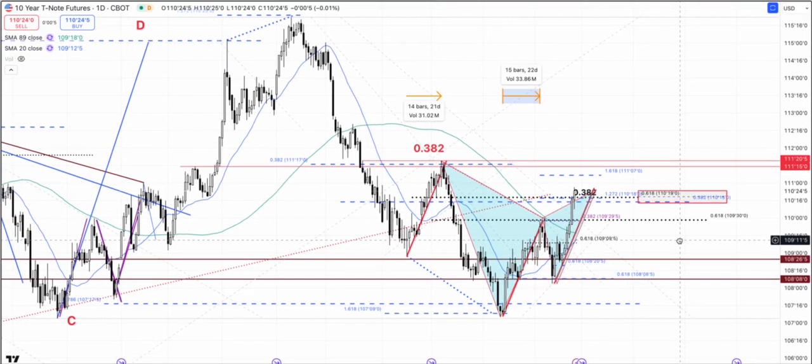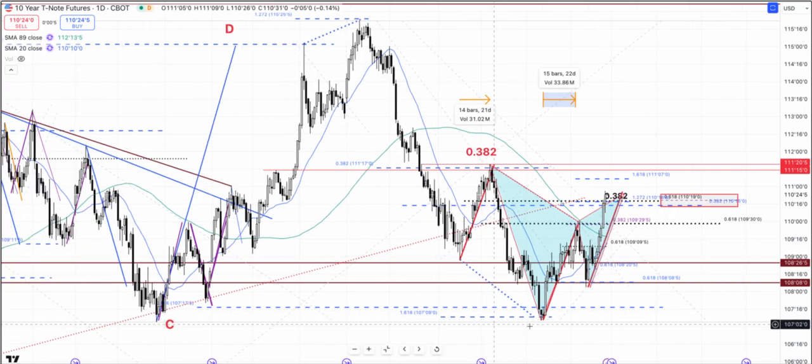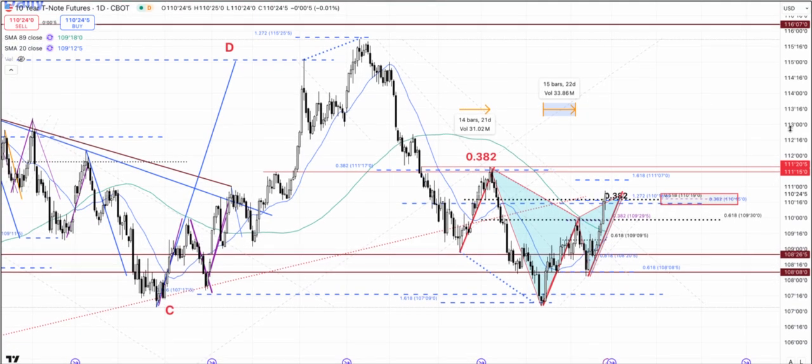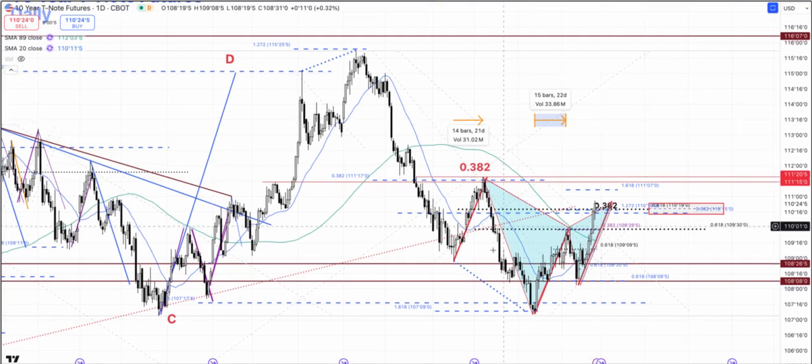Then this is a strong suggestion that we might have seen a pretty important low right here, and the 10-year treasury note price could actually keep on accelerating higher.